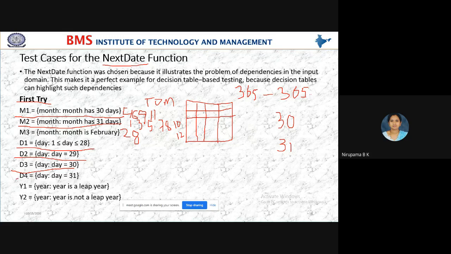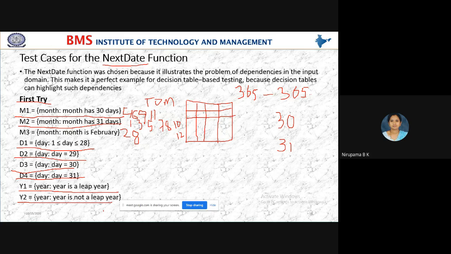And this condition is for M2. And here we are checking whether the given year is a leap year or not a leap year. So these are all the conditions which we are going to apply on the next day function.